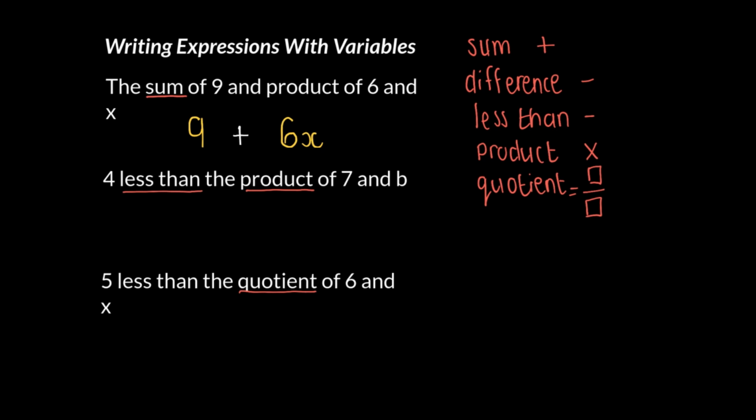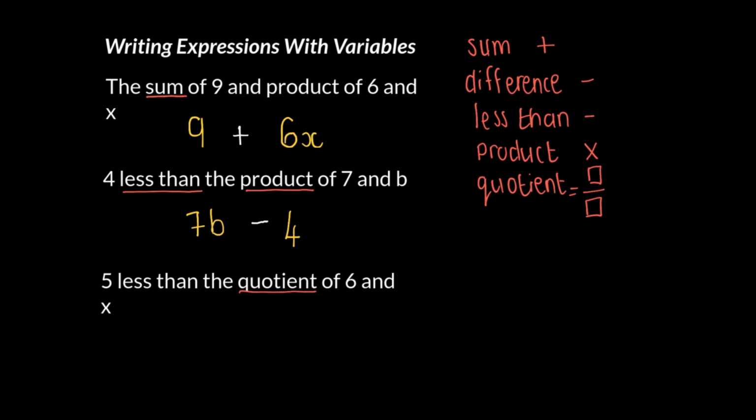Okay, so we need to be very careful about how we read this question. So the product of 7 and b gives us 7b, and then less than will be minus whatever that number is. So 7b less 4. So 4 less than what we actually have.